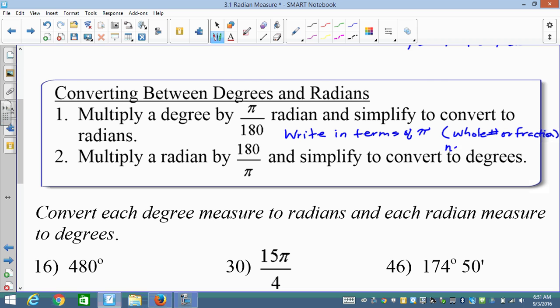No decimals. And multiply a radian by 180 over pi and simplify to convert to degrees. This one, most likely no fractions, will be a whole number or decimal.